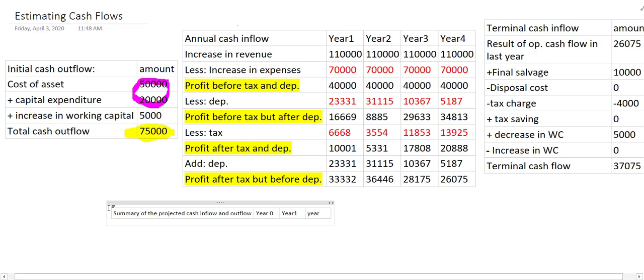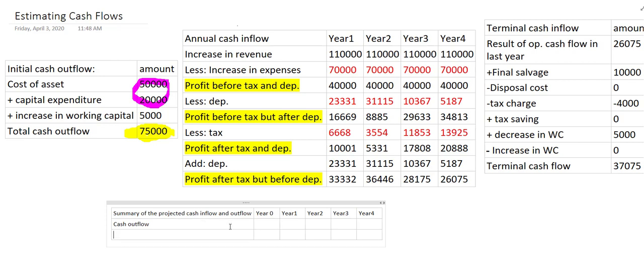Year two, year three, and year four. Why? Because our project is only for how many years? For 4 years, right? After this, of course, mention cash outflow for this number of years 0, 1, 2, 3, and 4, right? And after that, mention cash inflow.